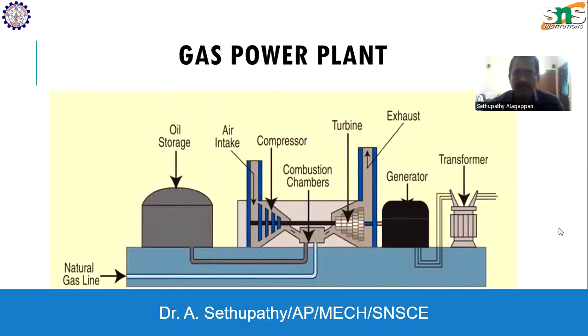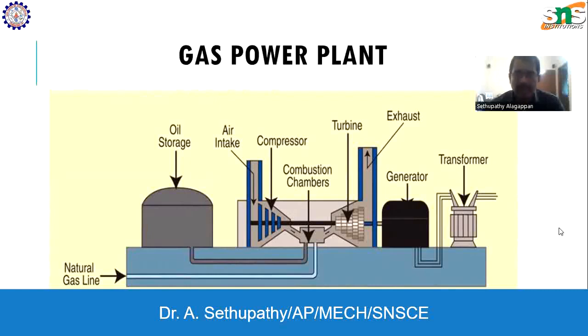This gas power plant is used to produce power from the combustion chamber by using fossil fuel gases. The schematic diagram shows the oil storage and air intake compressors.